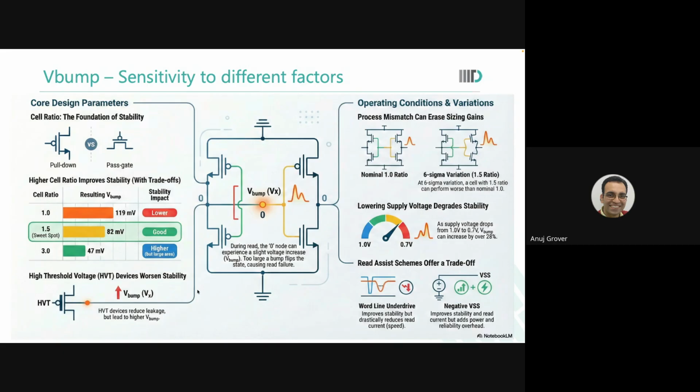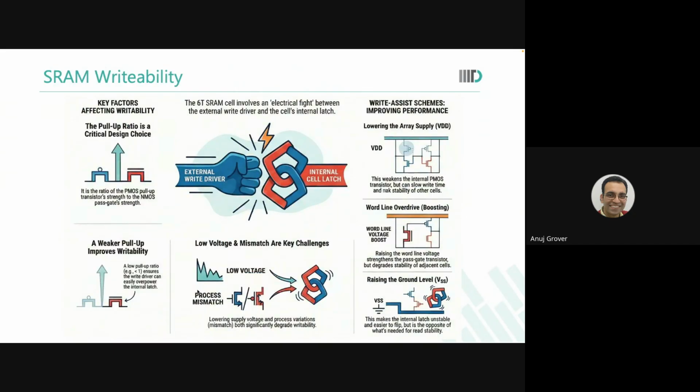So what was the next thing we looked at in the last class? It was writability. And when we looked at writability, we saw that here, unlike in a read operation or a read stability analysis, we need to look at the entire latch. Because that Vx that gets generated because of the read operation has a significant role to play in the pull-up to PG ratio that I have to maintain.